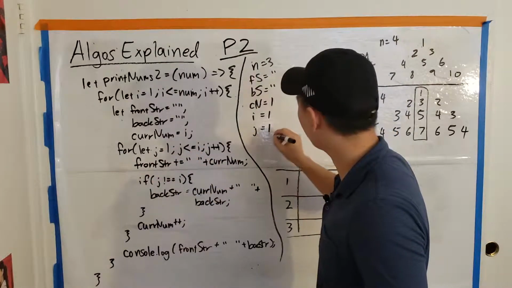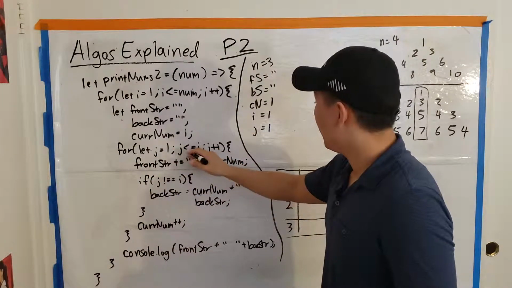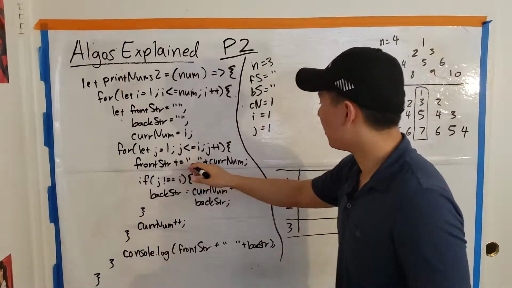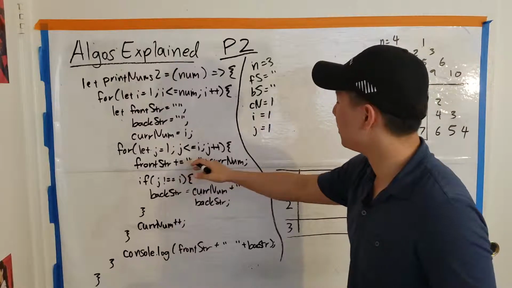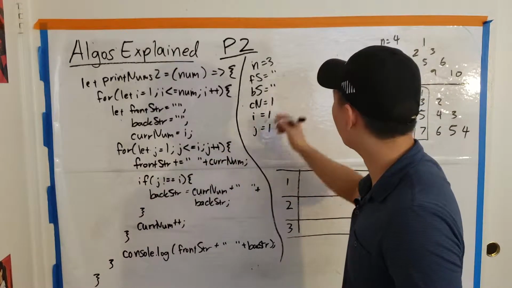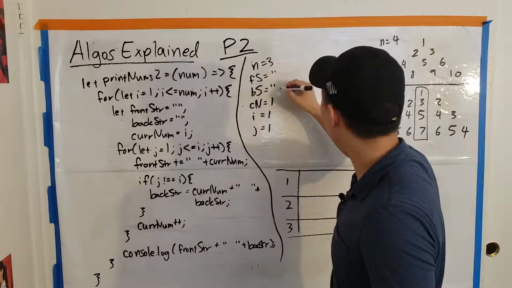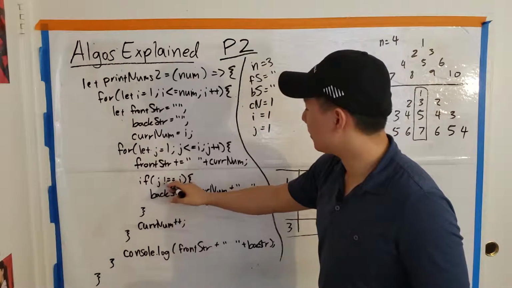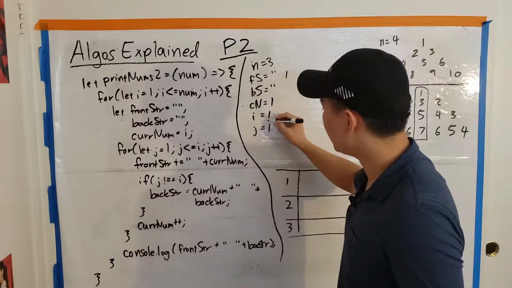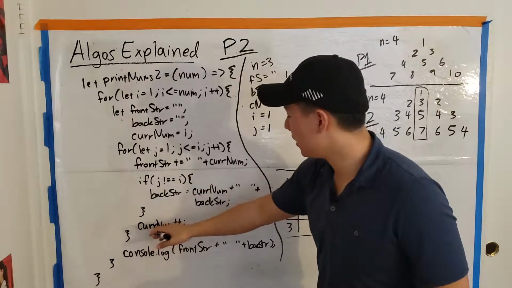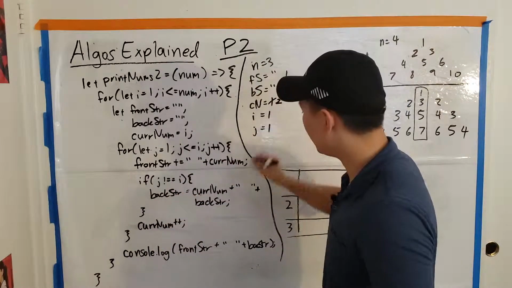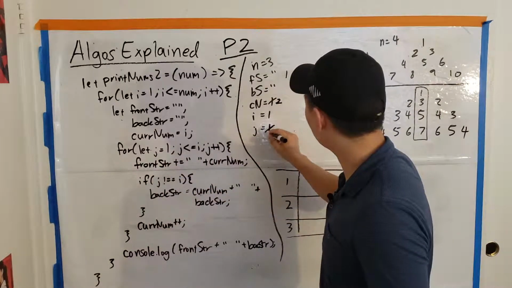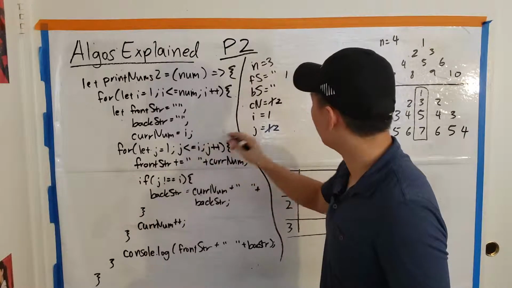j is 1, and as long as j is less than or equal to i, it is equal. So we'll start building our front string. Front string equals a space plus the current num. So we have a space plus the current num there, and if j does not equal 1, it does equal, so let's forget that if statement. Current num goes to 2, and we go back to the for loop. Now j increments, so that's a 2. 2 less than or equal to 1?